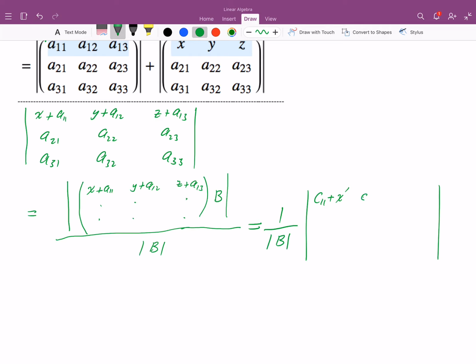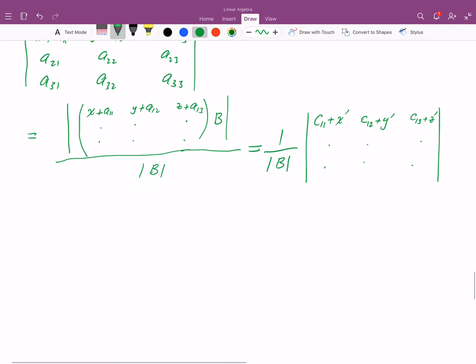Okay? And then the second position would have C12 plus some other number and C13 plus some other number. Okay? And these won't change. Okay? So that's what happens when you add that quantity to the first row of A. So that's how the product is adjusted.